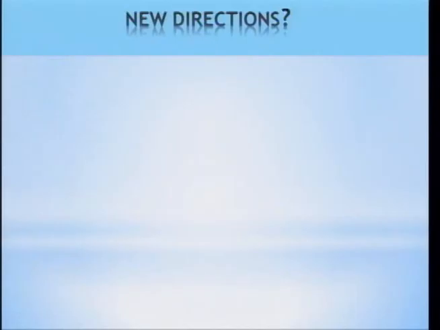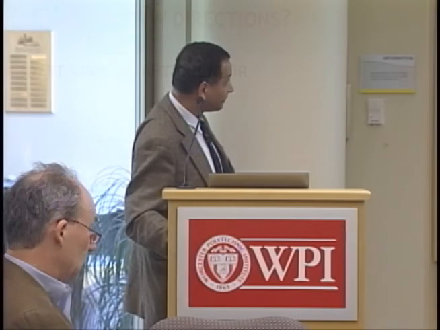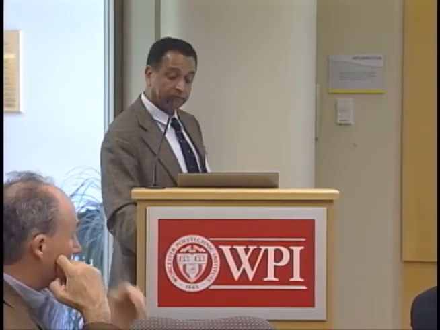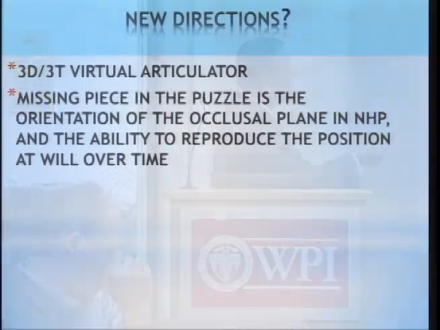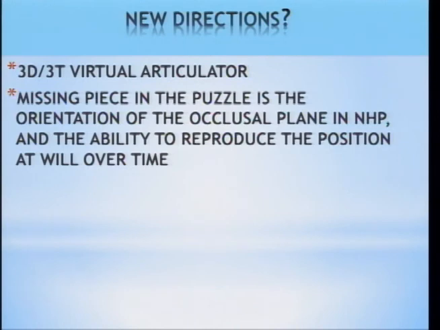So what's the future? What's the new direction? We are looking to get eventually a 3D, with all the 3 tissues, virtual articulator. So the missing piece in the puzzle is how do we orientate the occlusal plane in natural head position, and ability to reproduce this position well over time, over years.